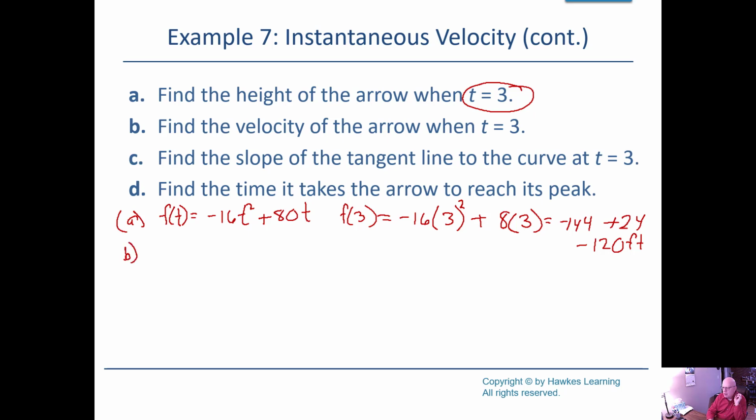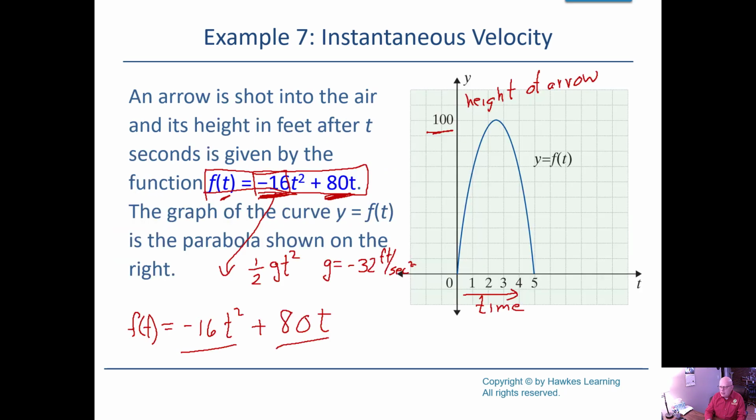B, what's the velocity of the arrow at t equals 3? What's the velocity? Okay, we can sneak back here. It doesn't tell us what the velocity is, but we can take this f of t, that's our distance function or height function, negative 16t squared plus 80t.